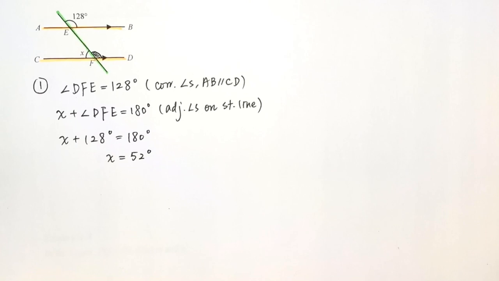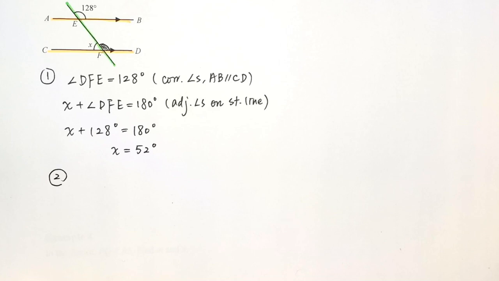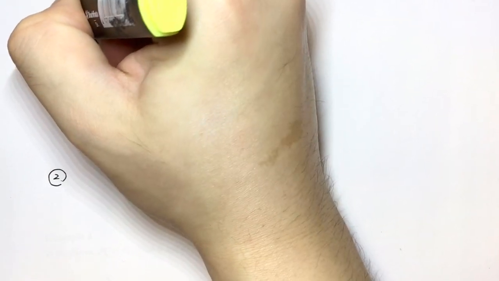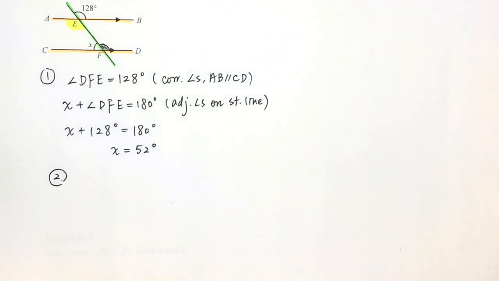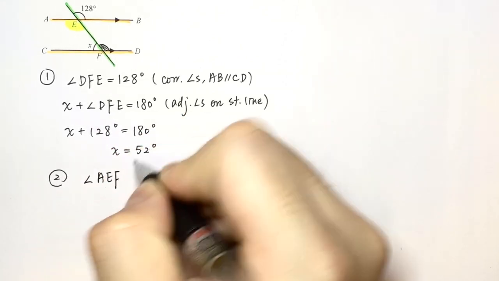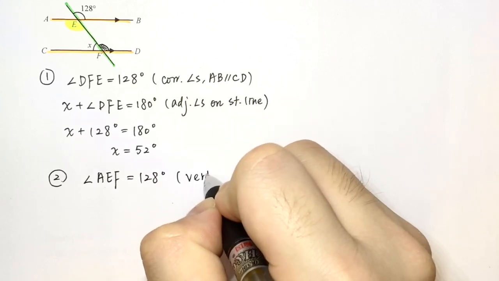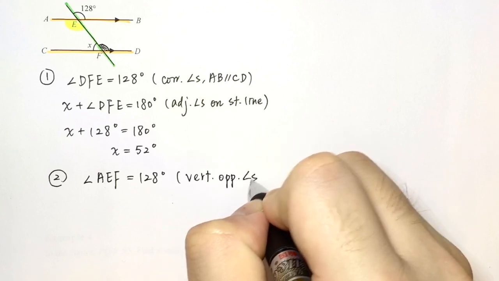And some of you may think in another way, so I provide a second method. When you consider this yellow angle, the yellow angle is equal to 128, right? And the yellow angle and x are a pair of interior angles. So we can start this way. We have angle AEF equals 128 degrees with the reference vertically opposite angles.